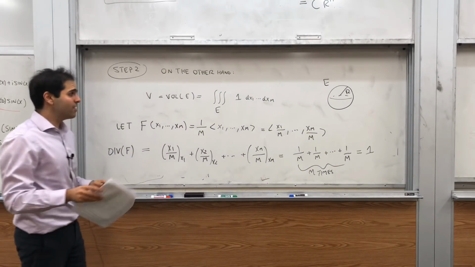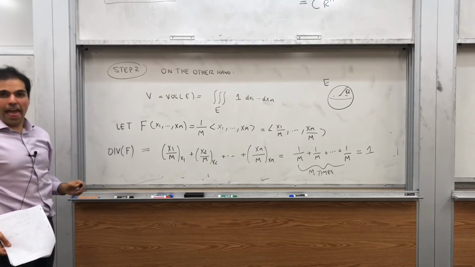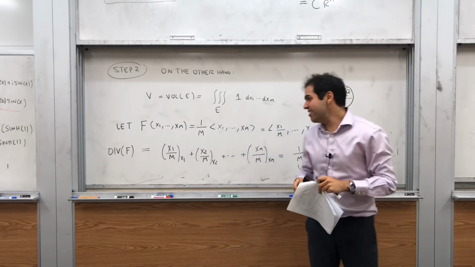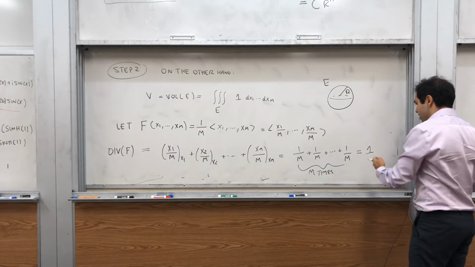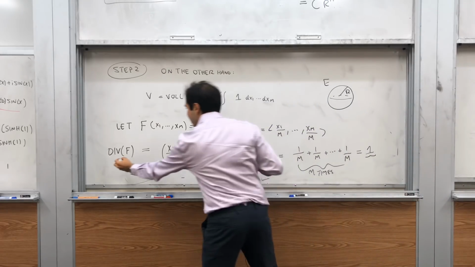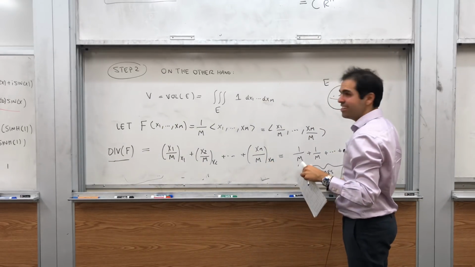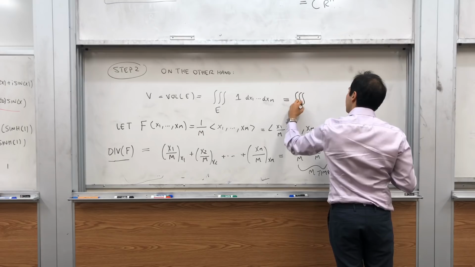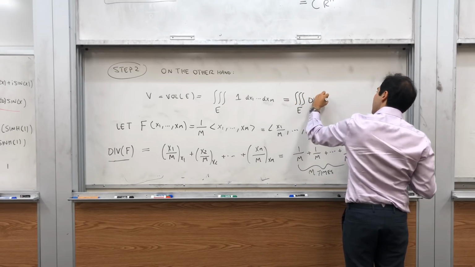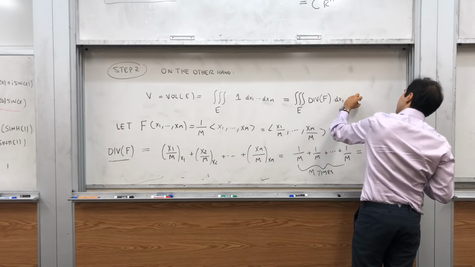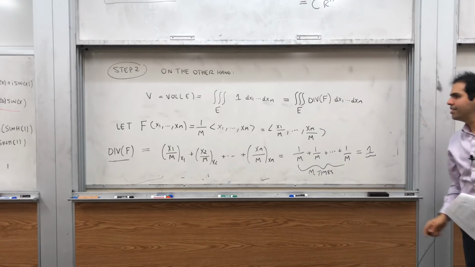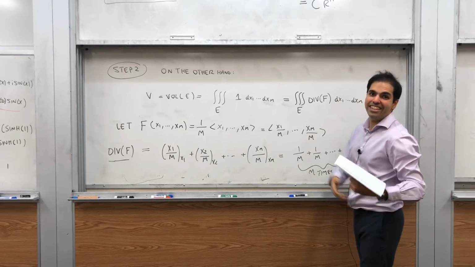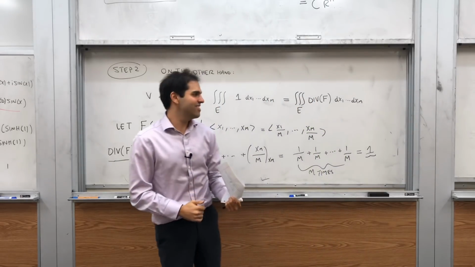And why was that important? Because the volume is the mth integral of 1, which becomes, in this case, reverse engineering, the mth integral of the divergence of F. And who says divergence says use the divergence theorem. So that becomes a triple integral over E of the divergence of F dx1 up to dxm. And the nice thing is the divergence theorem, and I prefer to call it the Gauss-Green theorem just because of Gauss, okay?